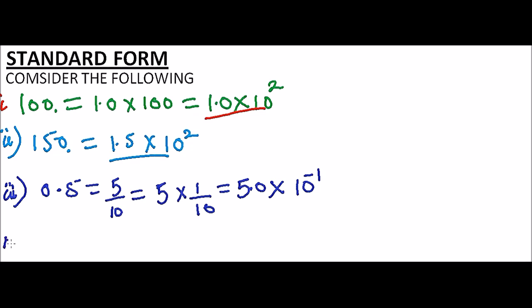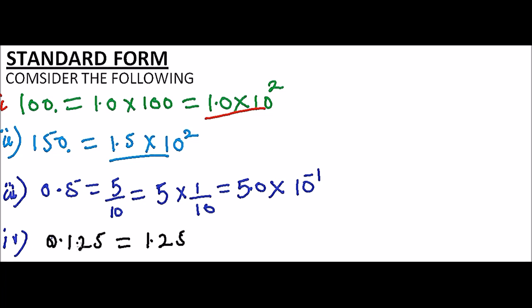Another number is 0.125. So we have 0.125. This is the same as 1.25. Now in this case, when we have a number less than 1, we move the decimal to the right.